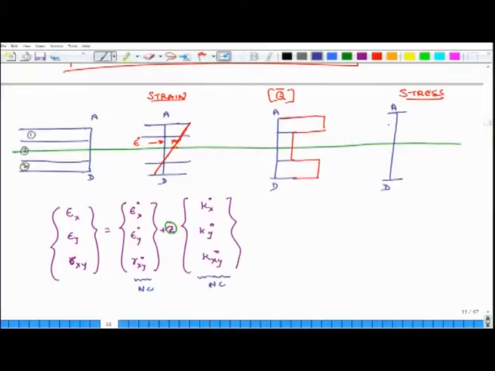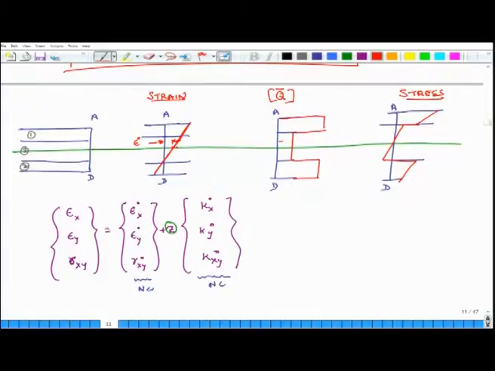So, suppose these are 3 layers. So, the stress could vary something like this within a layer, then because Q bar is changing and Q bar is becoming very small, it becomes very small, and then again it changes linearly over the second layer, and then again Q bar becomes large and again it changes linearly.